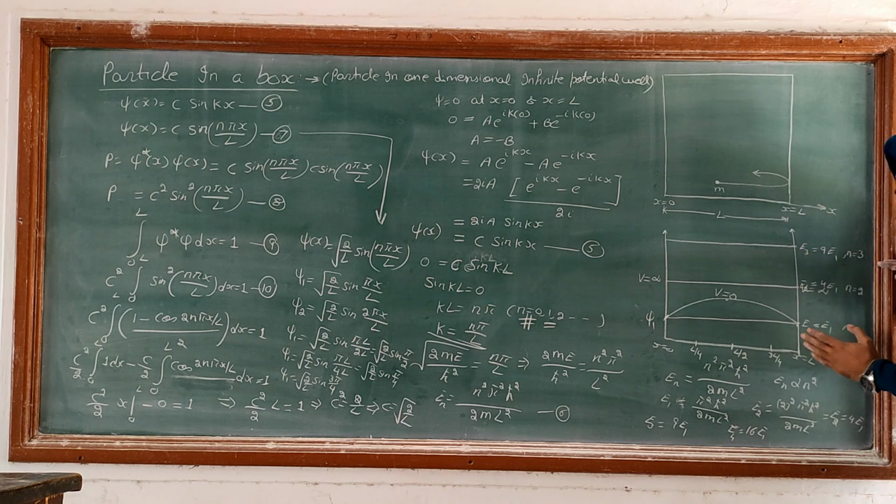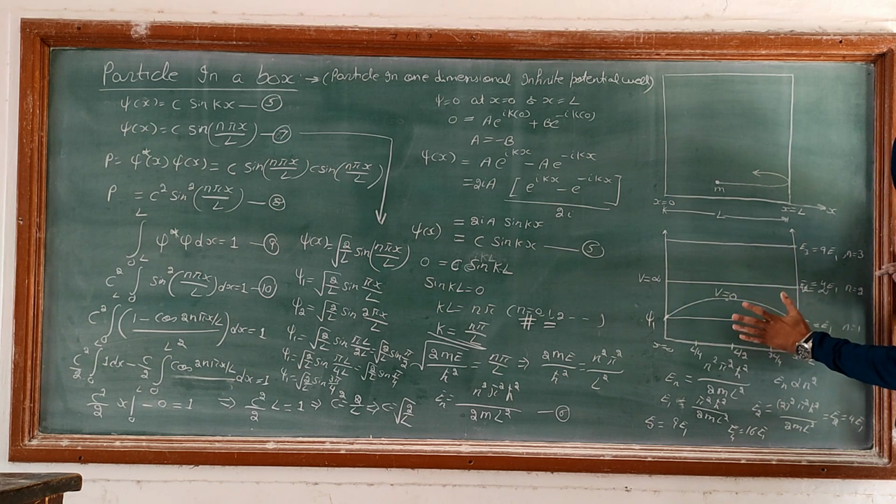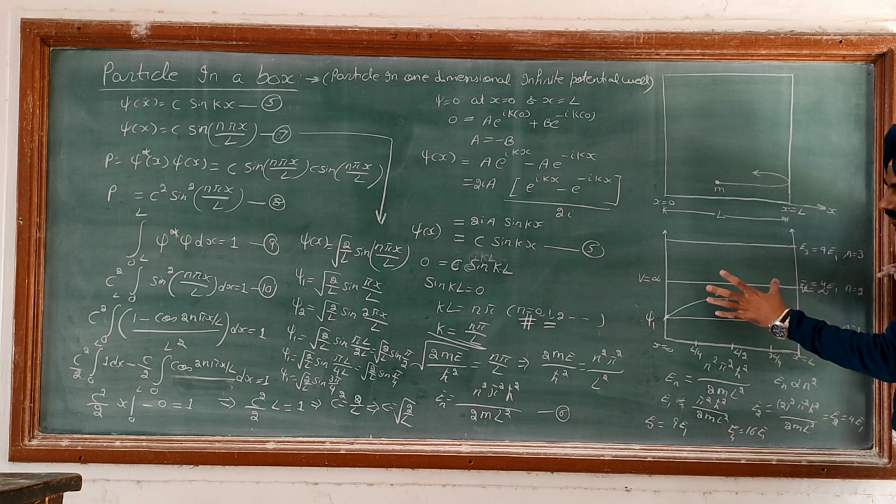And we find that as we move from n equal to 1 to 3, the spacing between the energy levels increases. So the gaps between the energy levels are not equal, and this is all about the quantization. So that means energy levels are quantized.